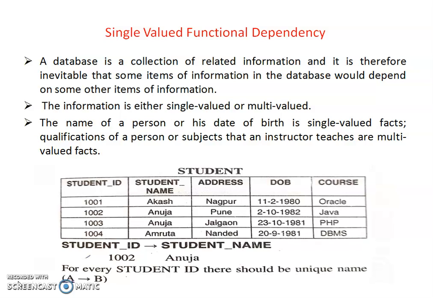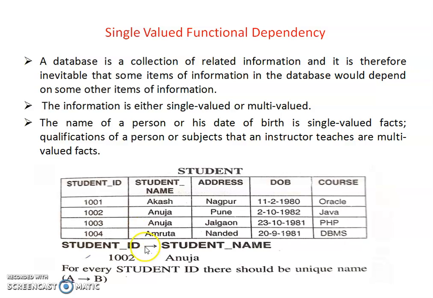A single value functional dependency is when A is the primary key of the relation, for example, student ID in this table, and B is some single value attribute of the relation, for example, student name. Then in this case, A → B must always hold in the relation.